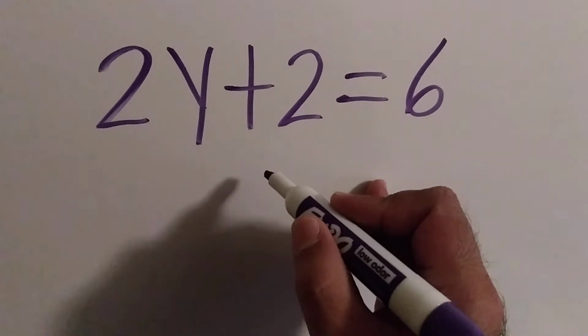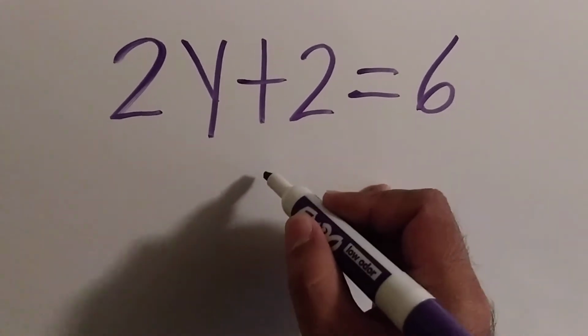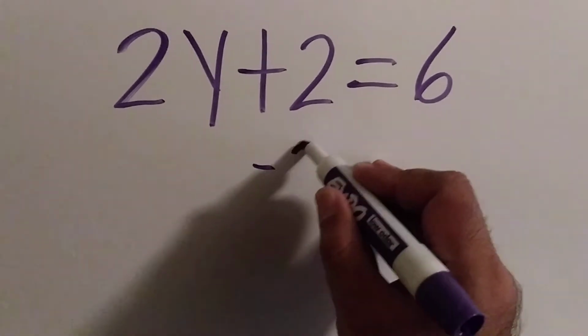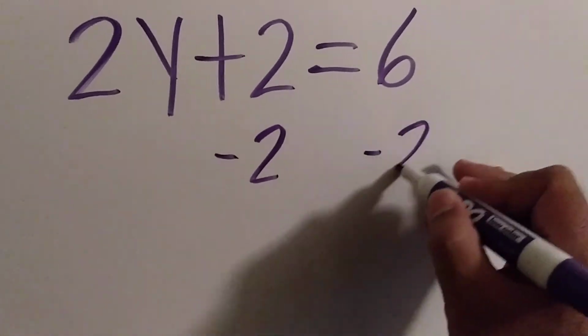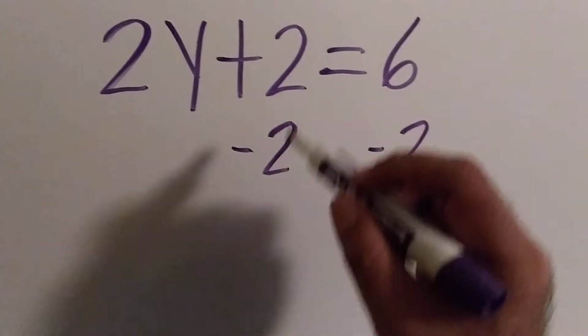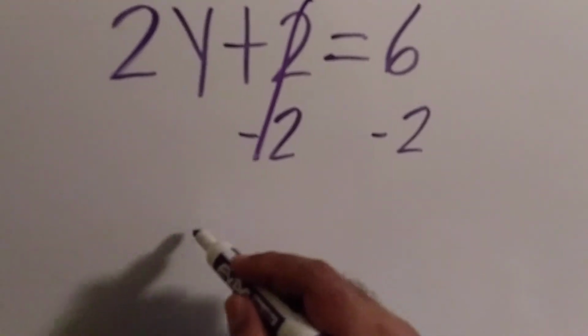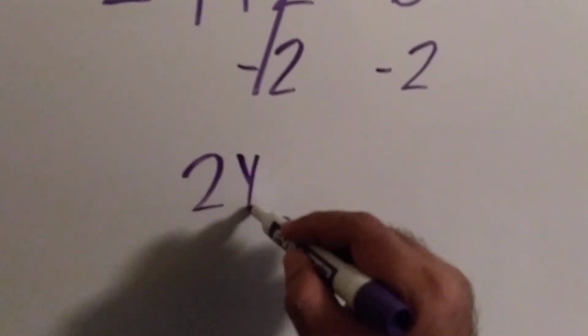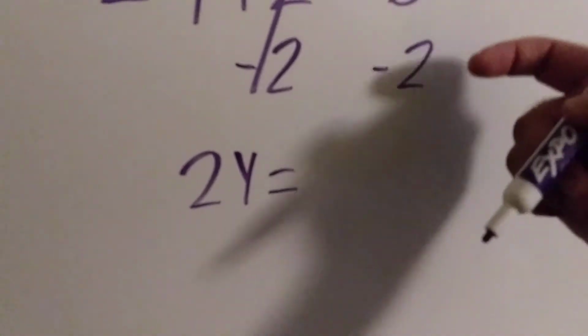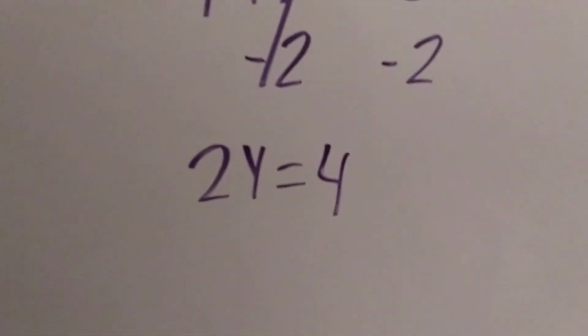We begin with the one number that's not the coefficient, so in this case it's the positive 2. We move it to the right side of the equal sign by subtracting 2 from both sides, so that cancels out the 2's on the left, and you're left with 2y equals 6 minus 2, which gives you 4.